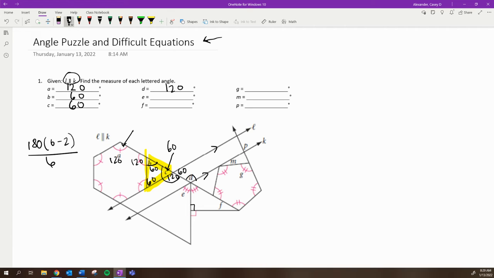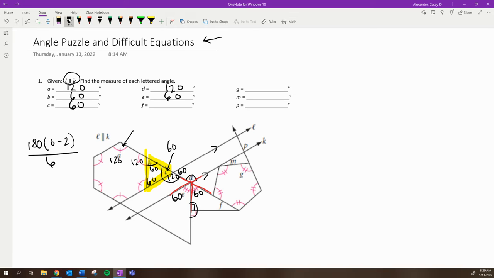Anyway, D is 120. To find E, note that this is a vertical angle with angle D, but it is bisected by this segment here. And so E is half of 120, or again, your good friend, 60 degrees.